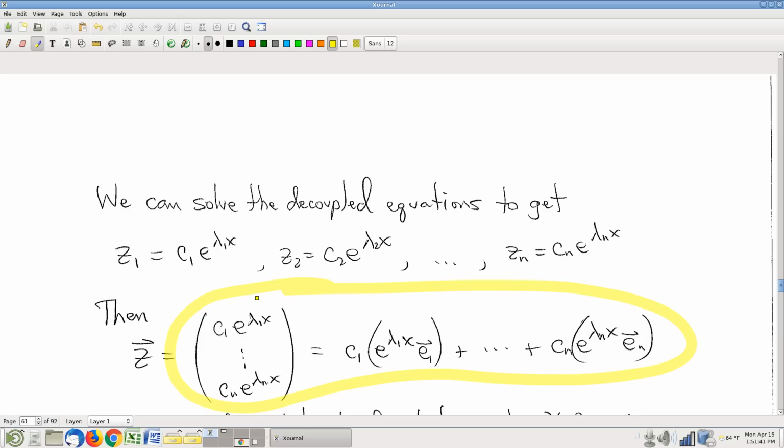Now, you've got to think through the coordinates. This thing right here is e to the lambda 1 x in the first position, and then all zeros after that.